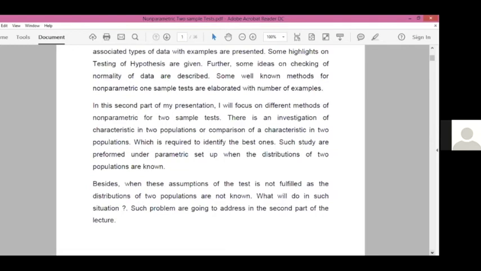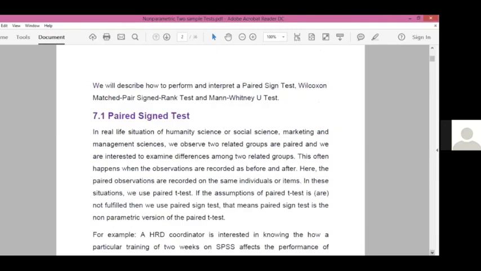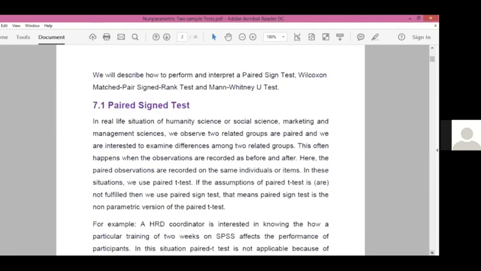But when the assumptions of the test are not fulfilled, as the distributions of the two populations are not known, what do we do in such a situation? Such problems are going to be addressed in the second part of this lecture. We will describe how to perform and interpret the paired sign test, the Wilcoxon matched pair signed rank test, and the Mann-Whitney test.